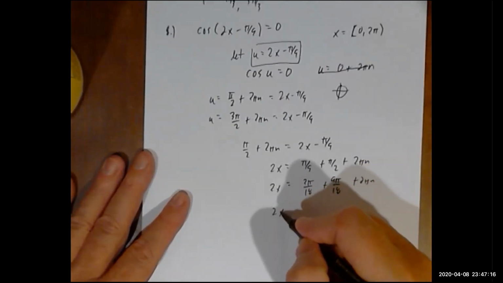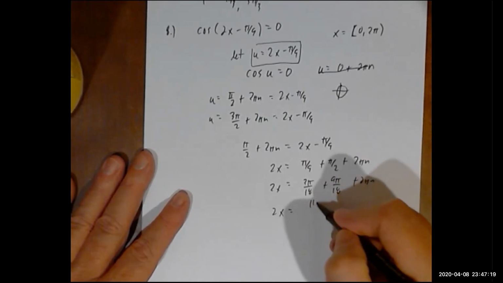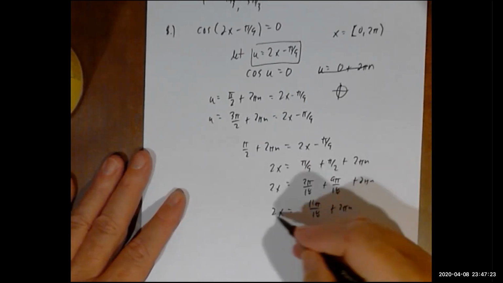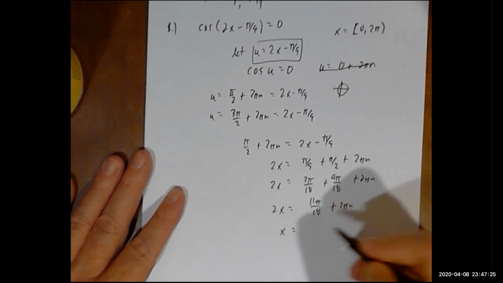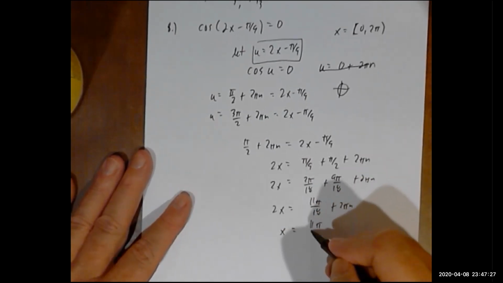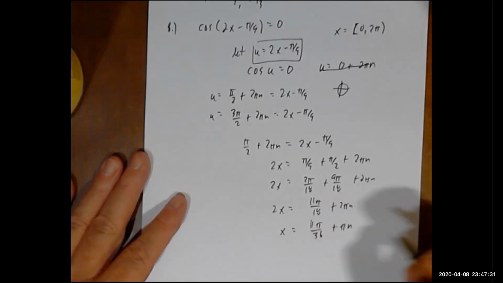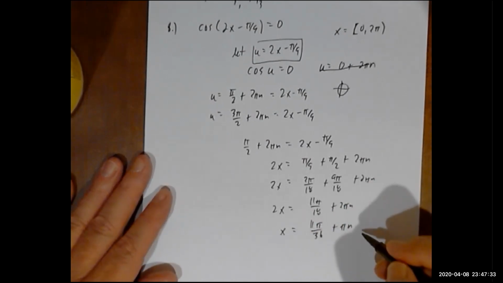So that's 2x equals 11 pi over 18 plus 2 pi n. Divide both sides by 2. You end up with 11 pi over 36 plus pi n. That's actually my first solution.